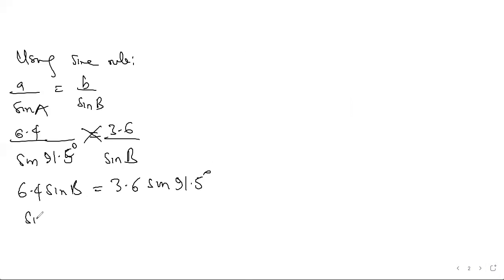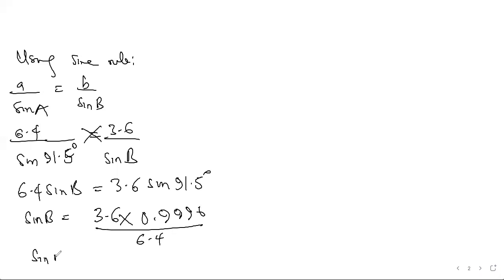So sine B will be 3.6 times sine 91.5, that's 0.9996, divided by 6.4.